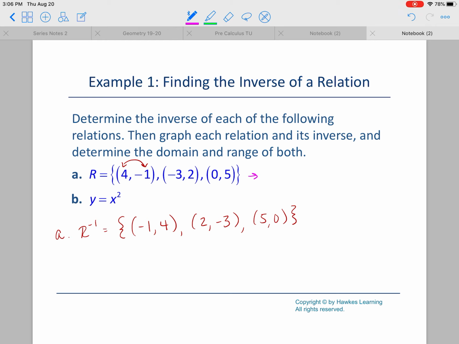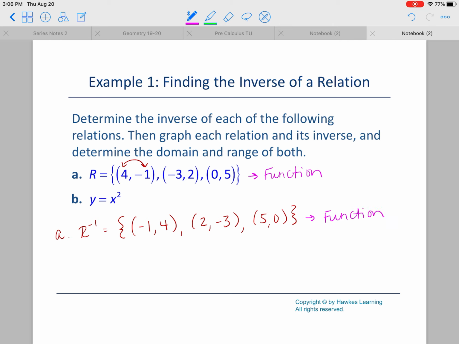They have all unique y values, so this is a function. And then what about my inverse? Is it a function? Same thing applies here. Does every input have exactly one output? Yes, all of my x values have a unique y value, so this is also a function.